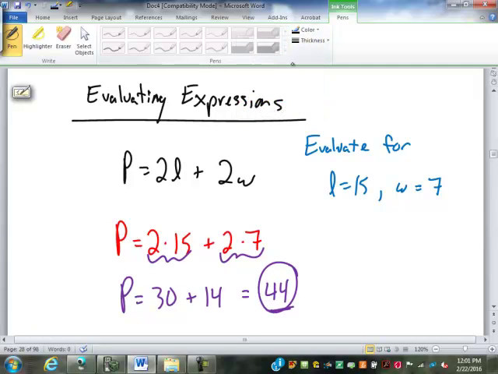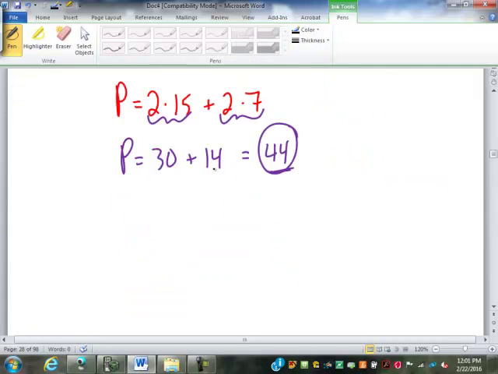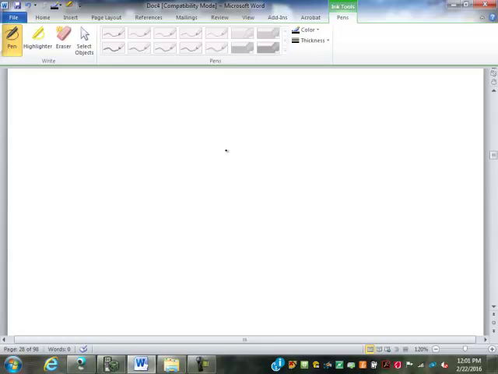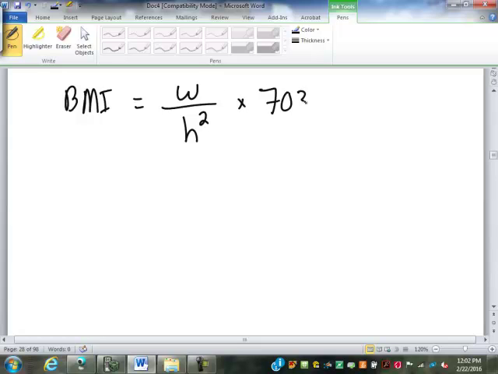Now since we're dealing with medicine here, let's use an actual medical formula. BMI is equal to weight divided by height squared, where weight has to be in pounds and height in inches, times 703.